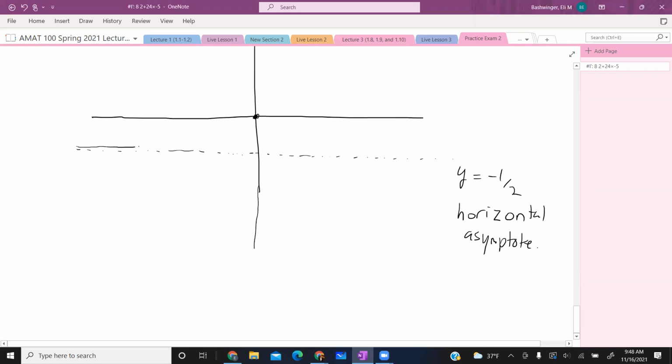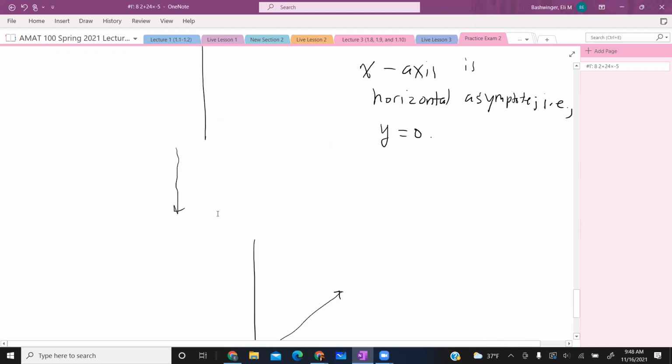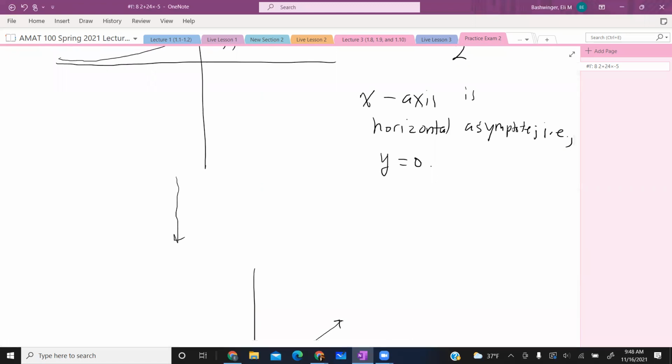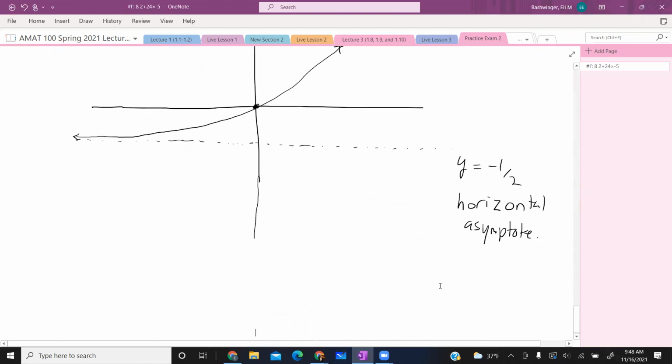So it goes like this, and then it just goes up like that. So I think that's all the problem. I guess let's label everything. We labeled the horizontal asymptote, but let's label the x and y intercept, which is actually the same. So it goes through the origin.